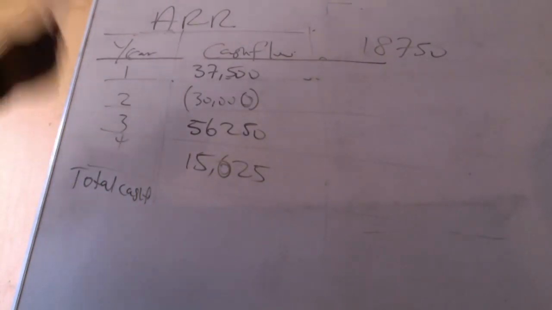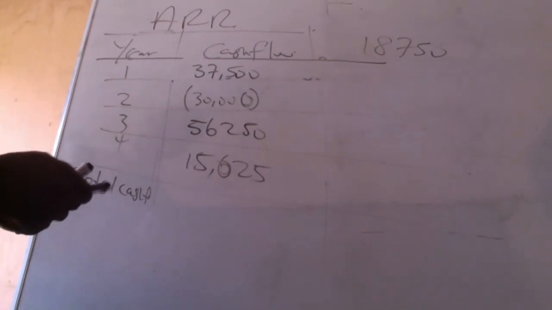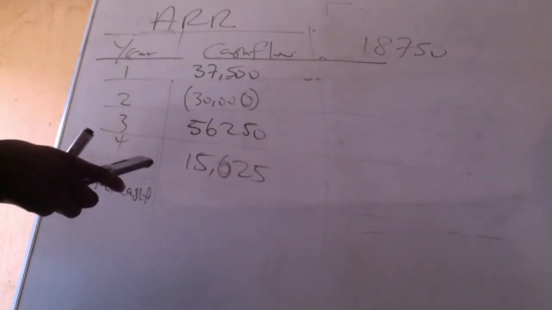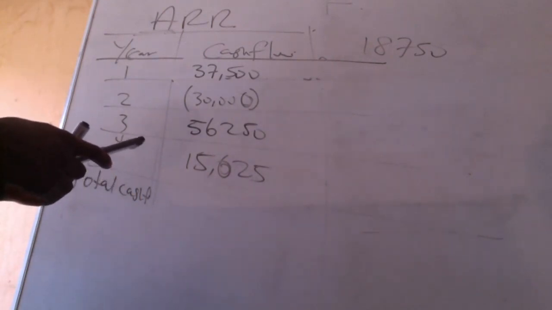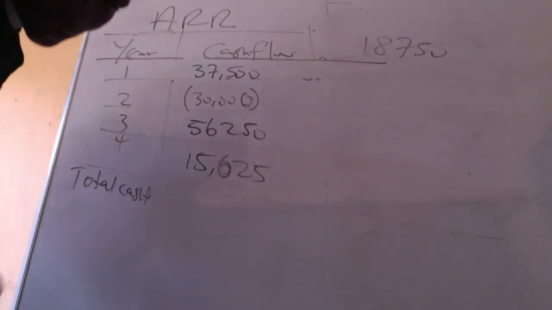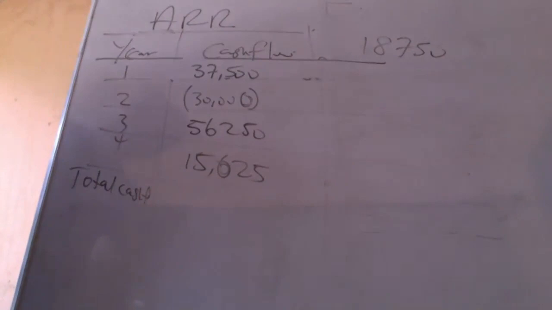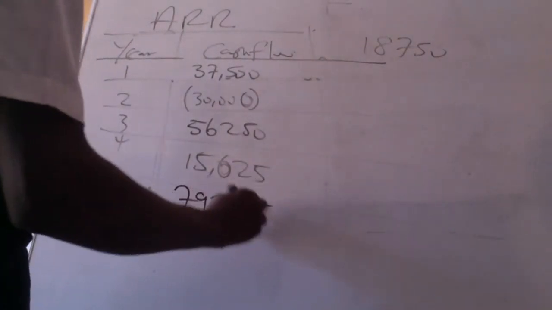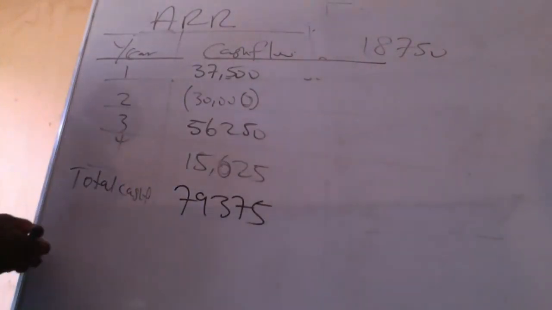So 7,500 plus the 56,250, now 63 plus 15,000. So the answer is correct: 79,375. This is where the trick comes.